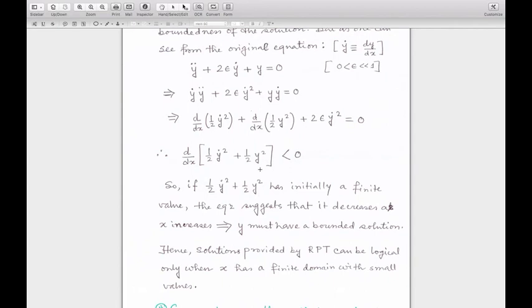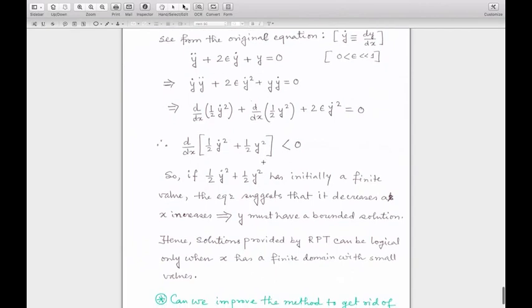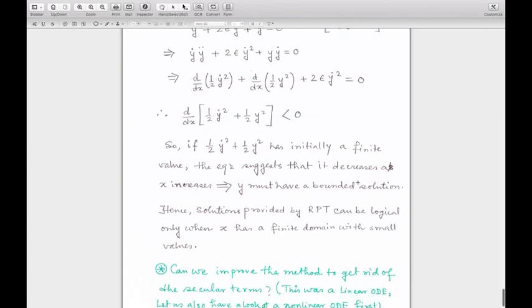So there is no chance that this will go to plus or minus infinity. It is a bounded thing. So y square will be smaller than this quantity and bounded, and y will be bounded too. So y should always permit a bounded solution.